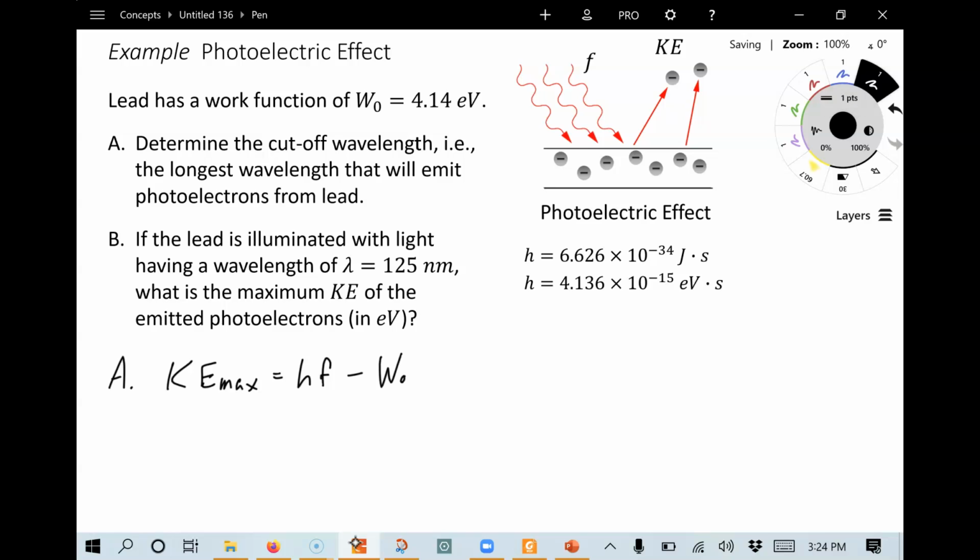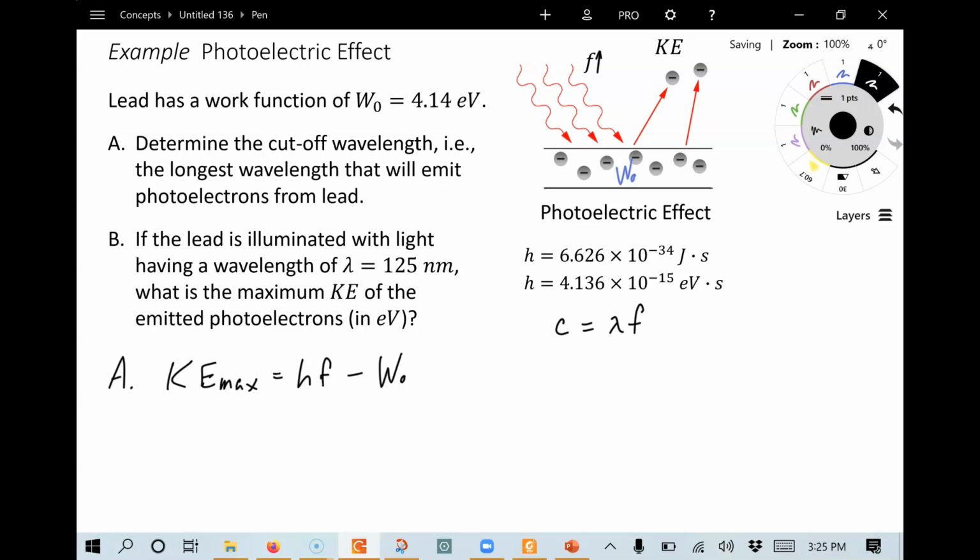So the work function is here in the metal, and the higher the frequency, the higher the energy. But remember that frequency and wavelength are related as well. c, the speed of light, is equal to the wavelength times the frequency.